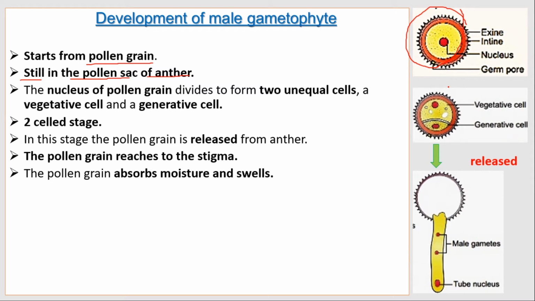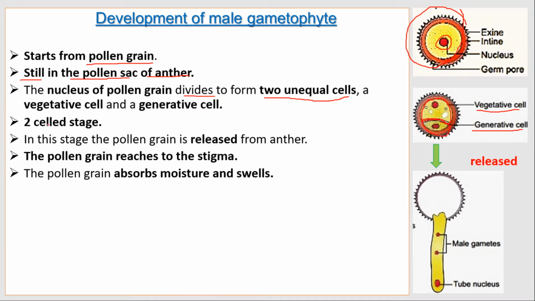The nucleus of the pollen grain divides to form 2 unequal cells. In this diagram 2 unequal cells are produced. The larger one is called the vegetative cell, and the smaller one is called the generative cell.